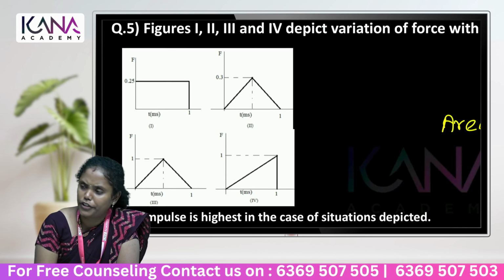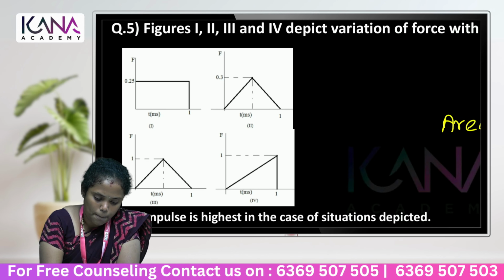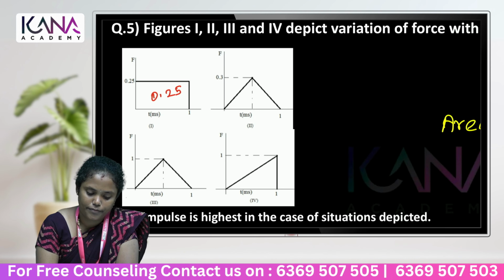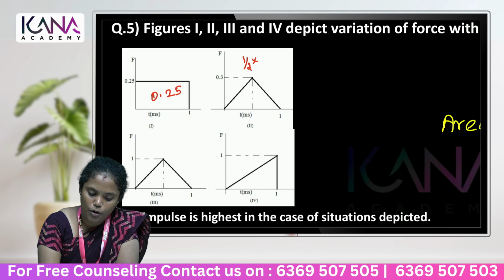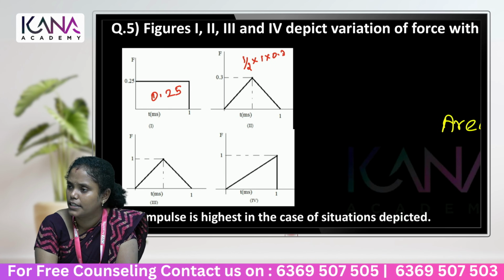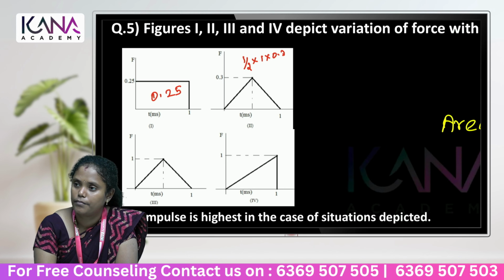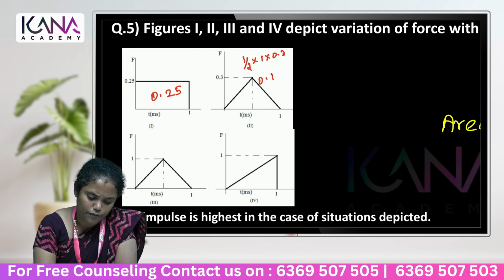So 1 into 0.25. Here it is 0.25. Then half into 1 into 0.3, 0.15.